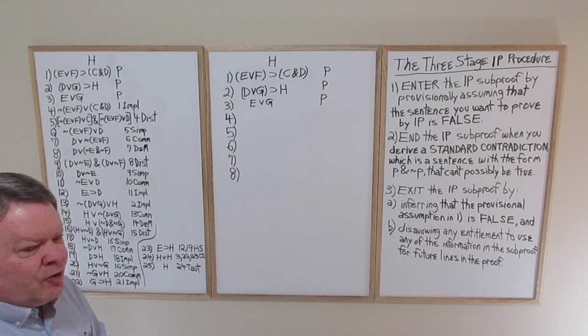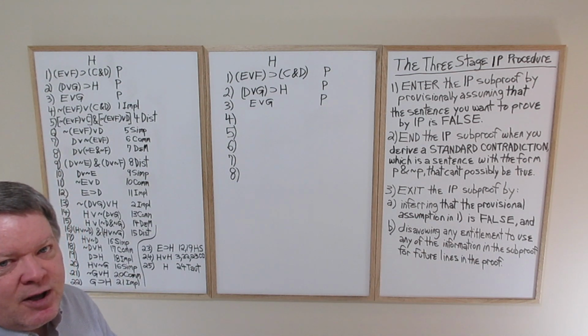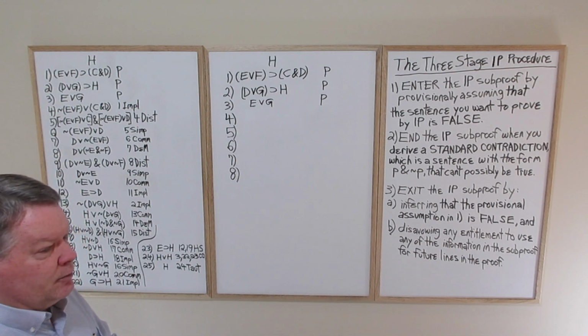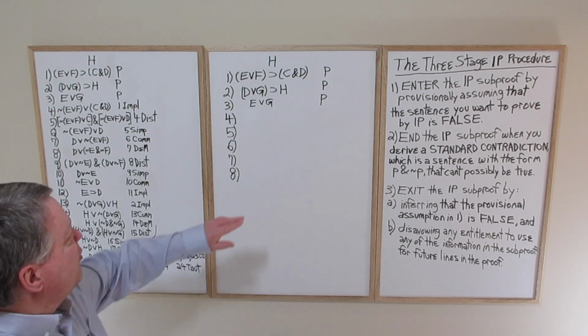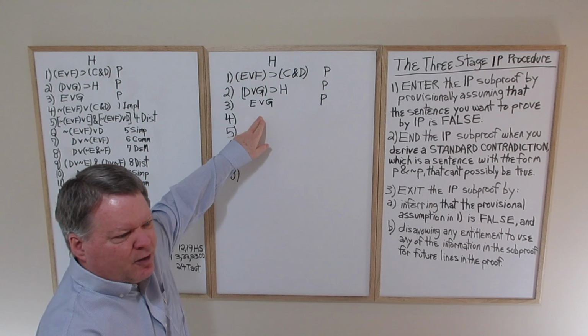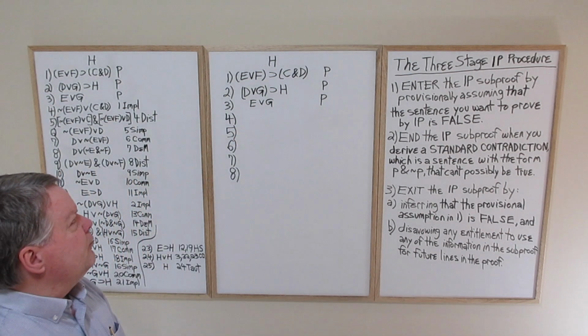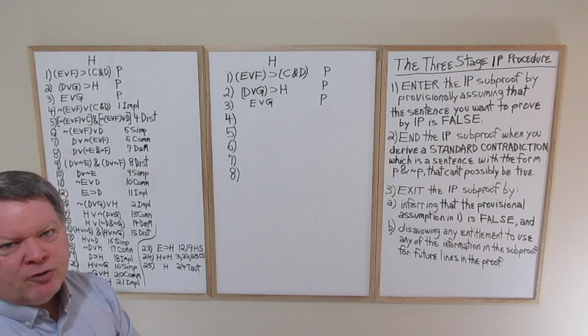The only sentence you can derive from a CP is a conditional. A conditional of the sentence that you started the subproof with being the antecedent, and the sentence that you end the subproof with being the consequent.